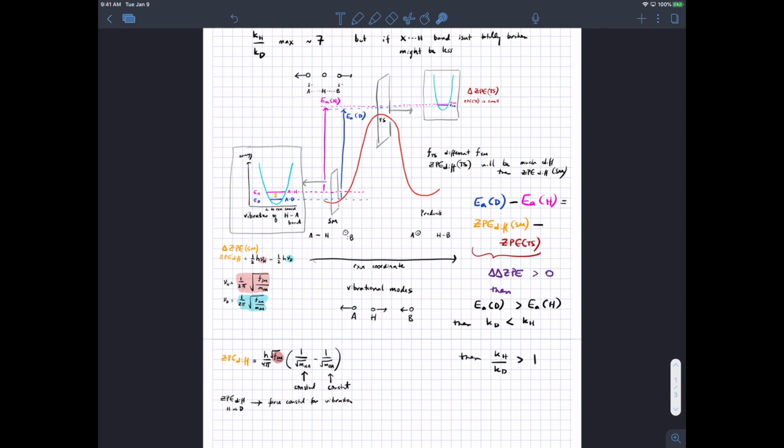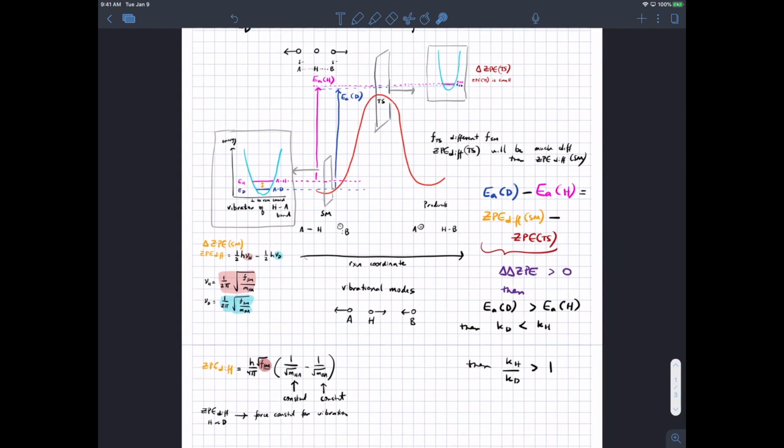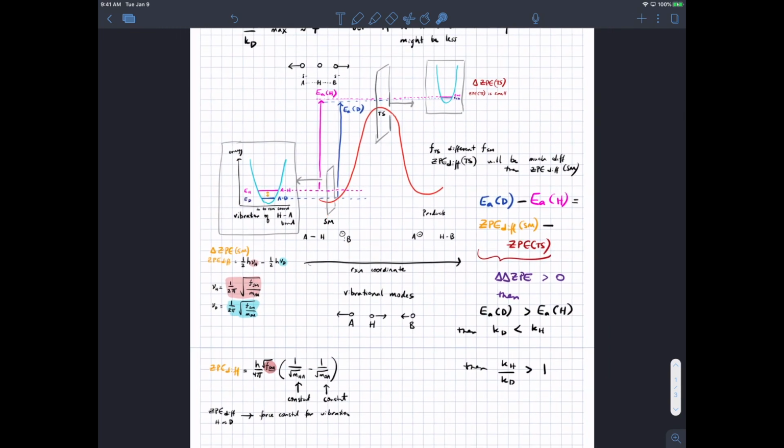We're only going to see a sizable kinetic isotope effect if there is a difference in the vibrational mode that the transition state can adopt versus what the starting material can adopt.